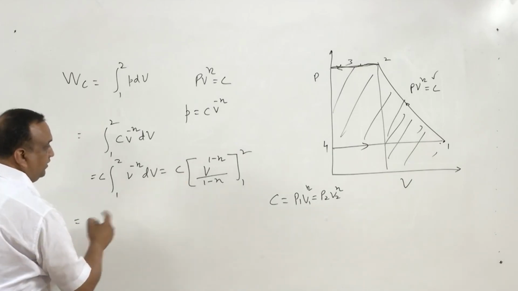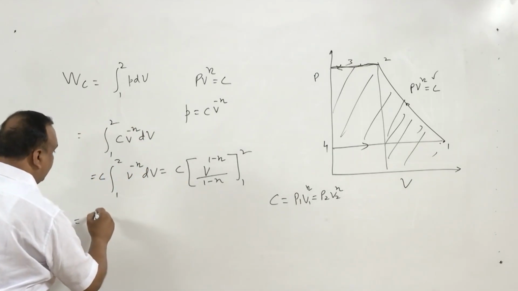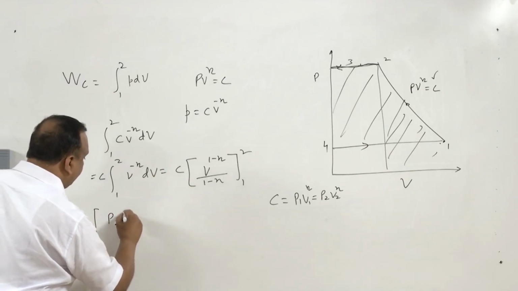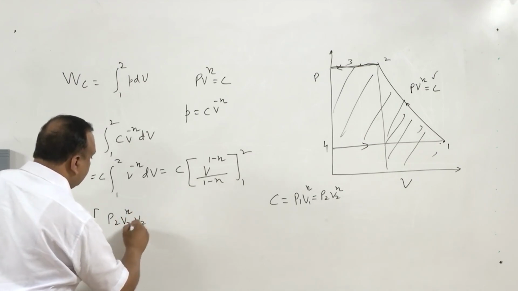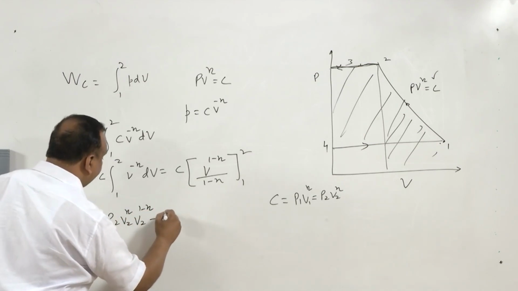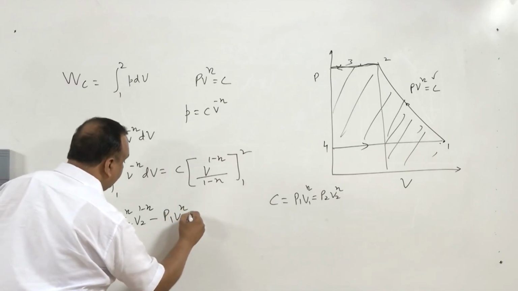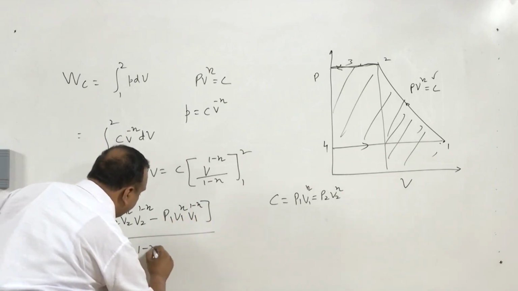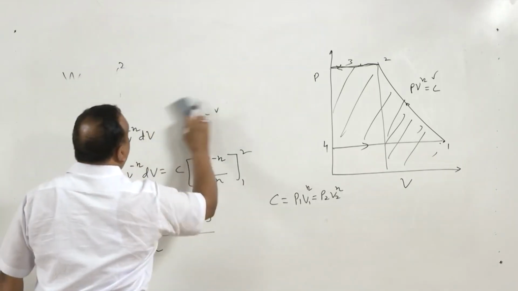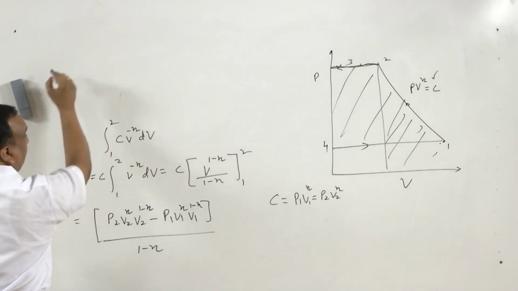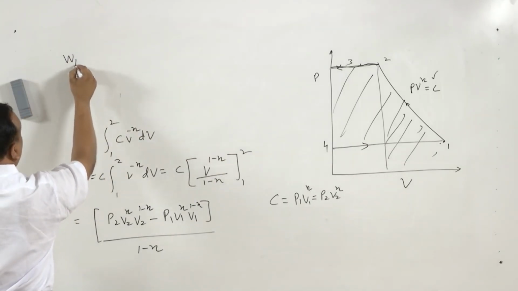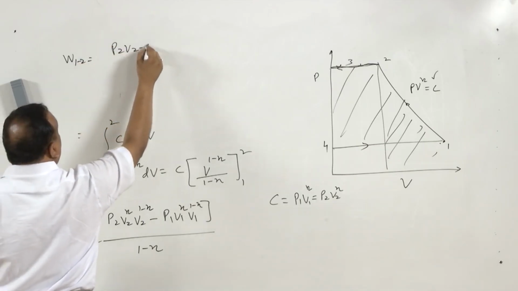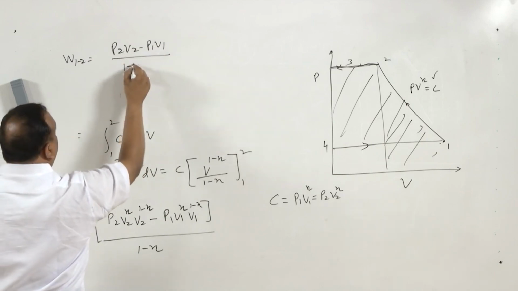If we take P1 V1 raised to power n here and P2 V2 raised to power n here, and C goes inside, then it becomes P2 V2 raised to power n times V2 raised to power 1 minus n, minus P1 V1 raised to power n times V1 raised to power 1 minus n, divided by 1 minus n. That turns out to be the work during 1 to 2, P2 V2 minus P1 V1 divided by 1 minus n.